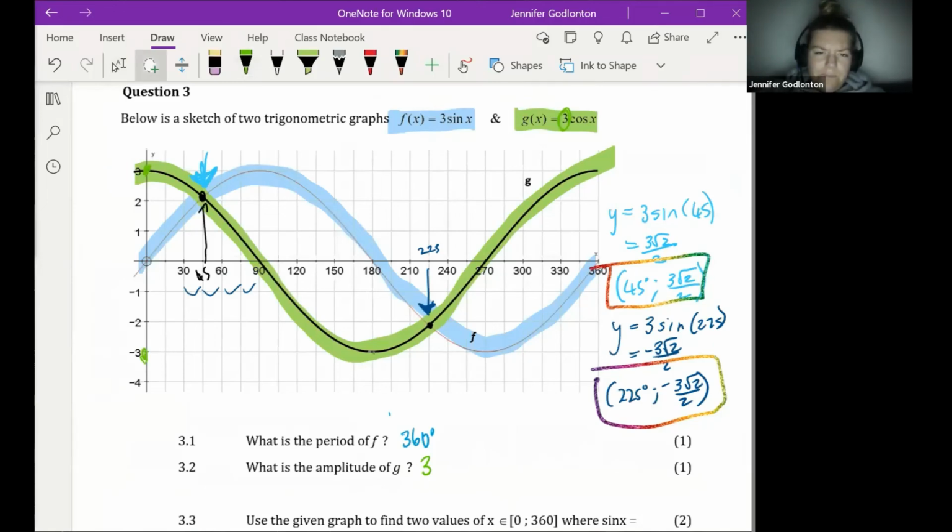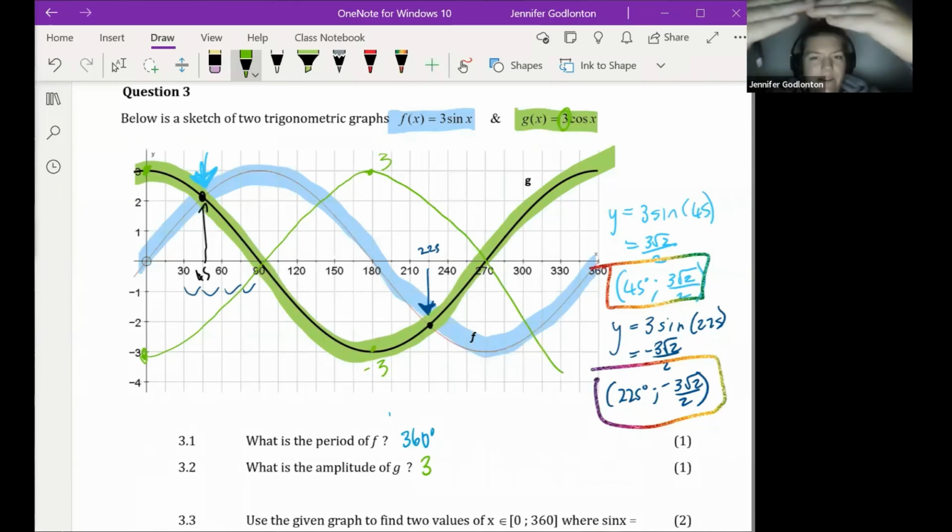Okay, so this point over here, which is negative 3, is going to land up being positive 3. Okay, and so my graph is going to land up looking something like this if I reflected it over the x-axis. And when I reflect it over the x-axis, my amplitude is still 3.